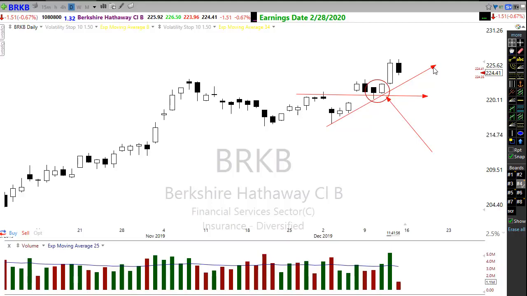Okay, so when I said that one of the problems with candlestick charts is there are so many different ways that you can look at things, and they're not perfect. They're not textbook perfect. And it's rare that you're going to find that textbook perfect pattern.